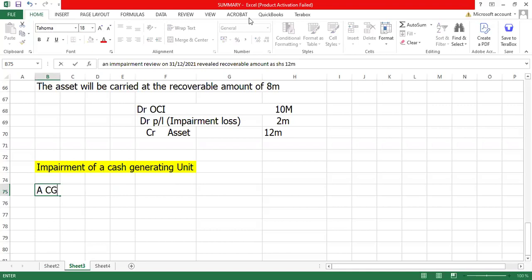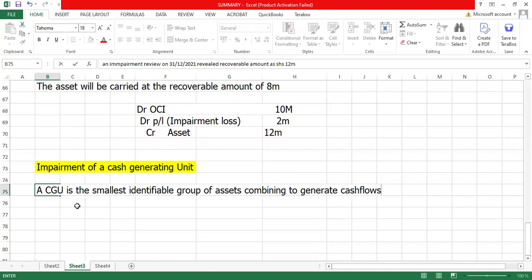A cash generating unit is the smallest identifiable group of assets combining to generate cash flows. That is the cash generating unit.